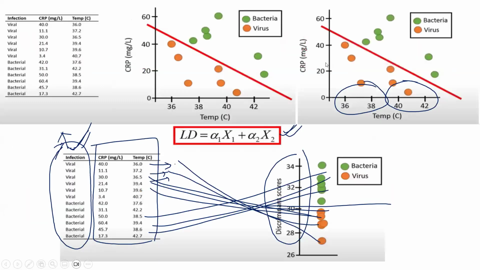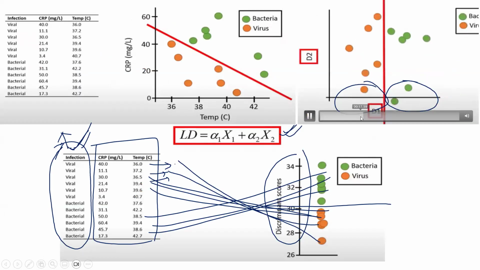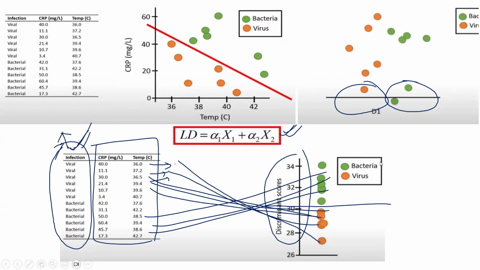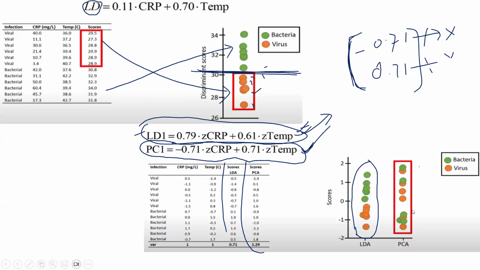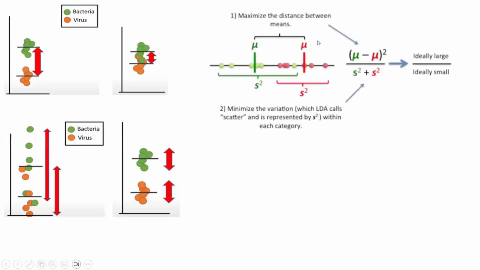So it says to find this D1 and project the points onto D1. All the points will come down to D1. We project those points, and the mean of these two has to be maximized. This is where you see the data projected onto D1.